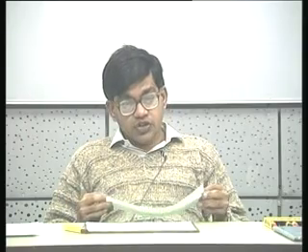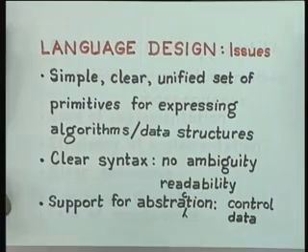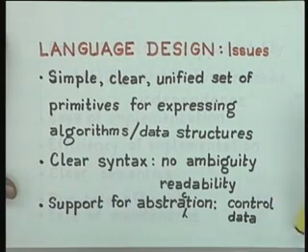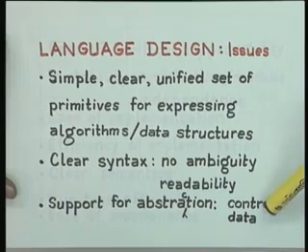And secondly, a language should provide what is known as support for abstraction. The basic abstraction mechanisms you are already aware of. The control abstractions are things like procedures and functions in Pascal, loops, loop statements. There are various kinds of control abstractions.